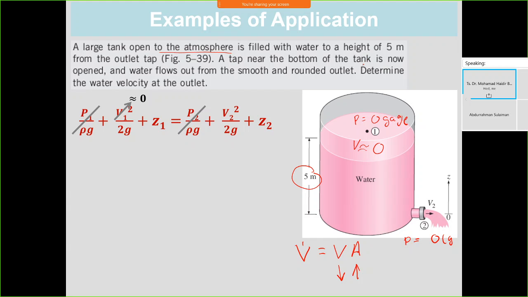And then what about V2? V2 is what we are searching for, the water velocity at the outlet.